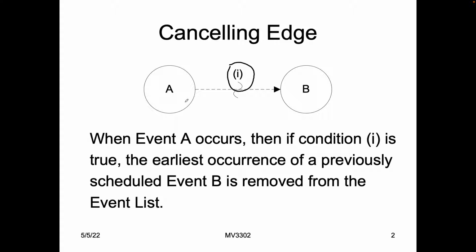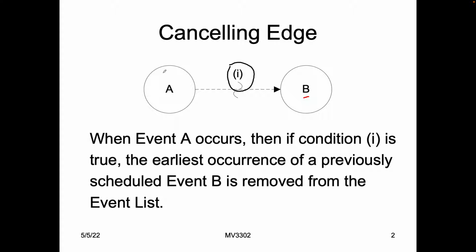But for right now, the rule is when one event occurs, then if the Boolean condition is true, the next event B is removed from the event list. The next event, not the next event of any kind, but the next event of type B. And by next, I mean the earliest scheduled one, not the one that was scheduled first, but the one that was scheduled to occur first.